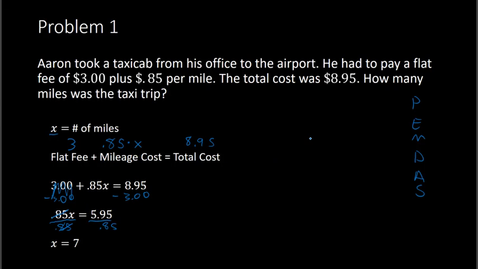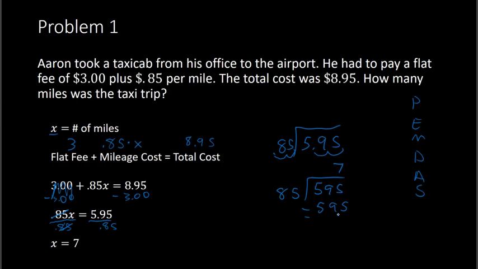If you do it by hand, here's how you do that. You divide by 0.85. We can actually move the decimal over 2 places here and 2 places here to make this into 595 divided by 85. And from here, if we plug a 7 up there on the top, we would find that 7 times 85 would indeed give me 595, which would subtract with no remainder.